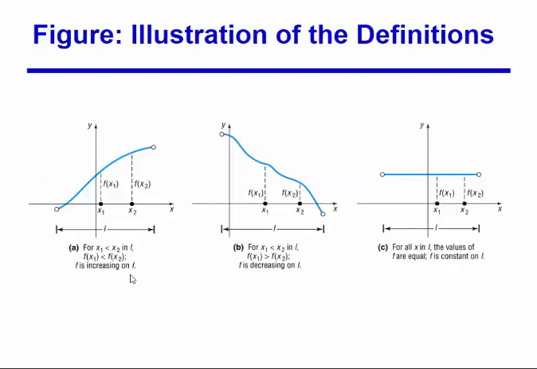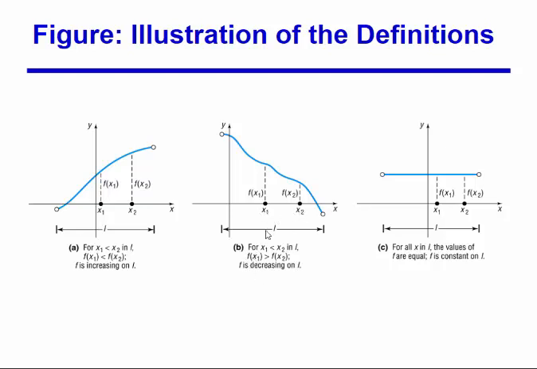And so here again, you can see an increasing function. Here's my x1, here's my x2, f of x1, f of x2. x1 is less than x2 in the interval, and f of x1 is less than f of x2 in the interval, so f is increasing on the particular interval. In another one here, again, you choose an x1 and x2, with x1 being less than x2.